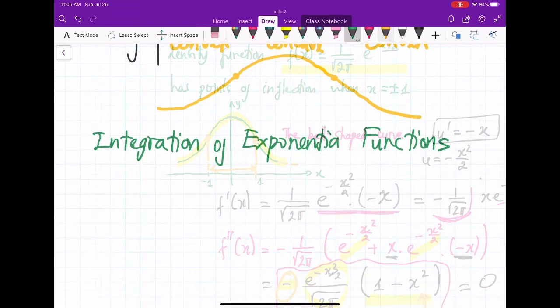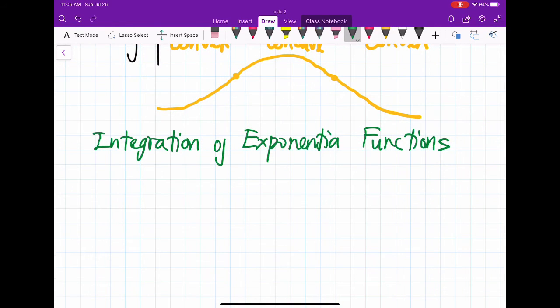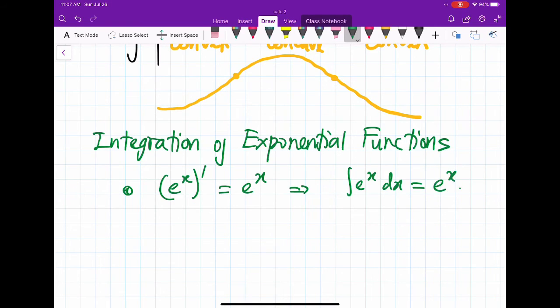Okay? Now let's talk about integration of exponential functions. So, from the previous section, the derivative of e to the x is e to the x. So that's why the antiderivative of e to the x is e to the x plus c. It's pretty easy, right?